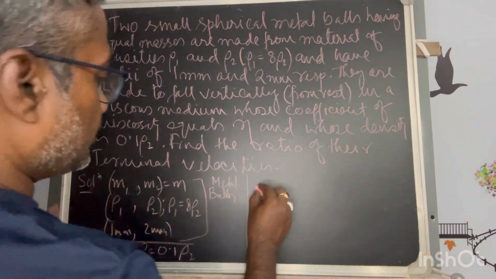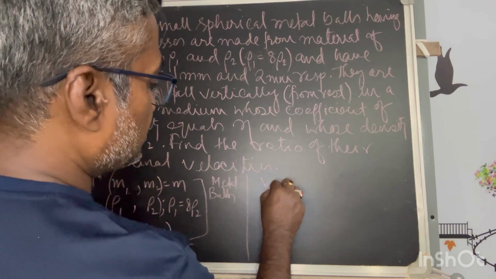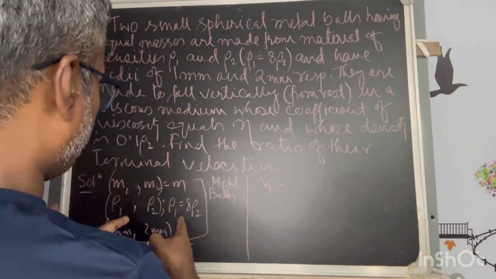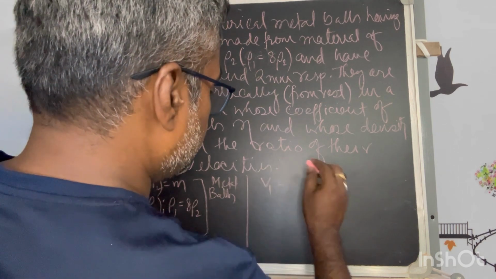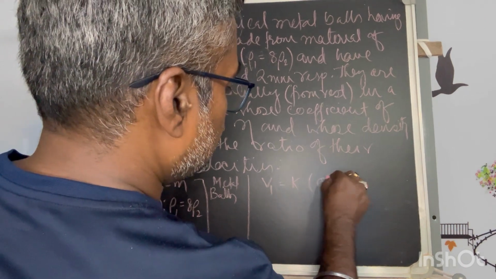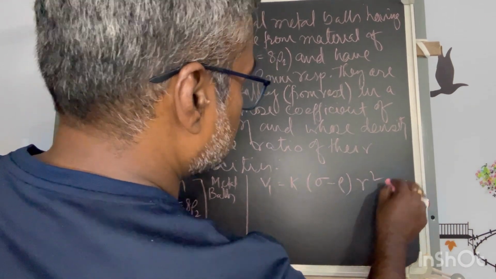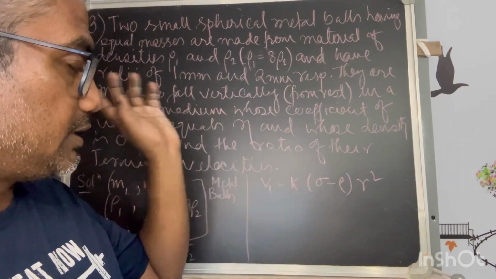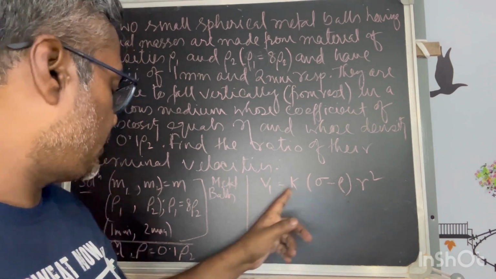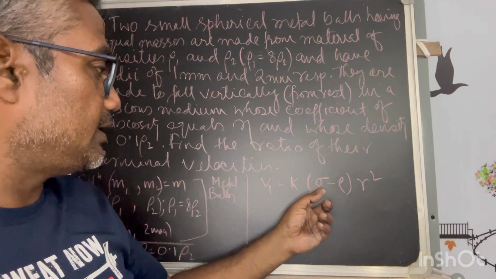If I take the terminal velocity for the first ball, the densities are different, so we can take the other things as constant, and the relation is this into r square. In the previous case we took all of this as constant, but here it differs because there are two different balls, so the densities will be different.